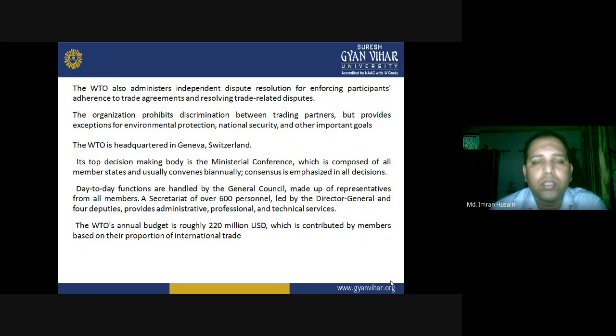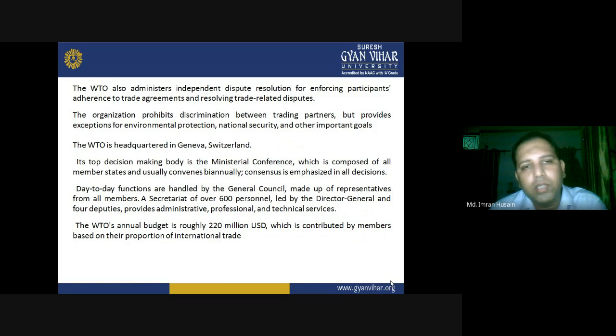So, the countries who are having disputes regarding some problems or agreements of trade, this body always tries to resolve the trade disputes that arise between the countries. So it is also a very safe and secure platform to work together.